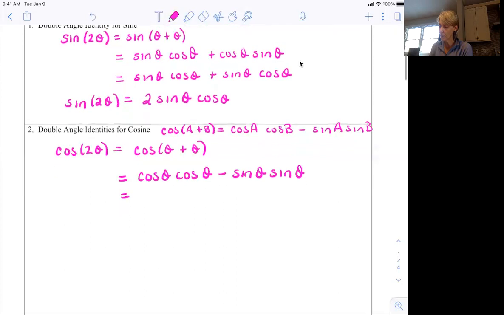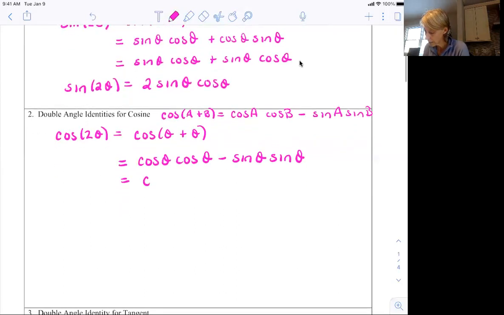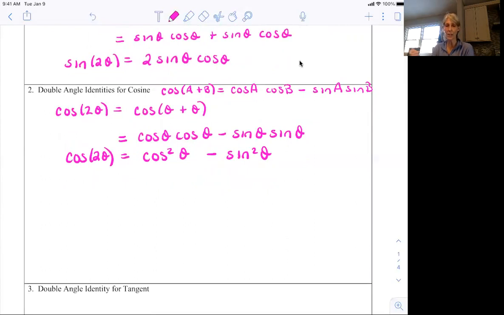Cosine times cosine gives us cosine squared theta. Sine times sine gives us sine squared theta. And notice here, it's almost just like the Pythagorean identity, except now there's a minus in between. So we really have to be careful. And because of the relationship to the Pythagorean identity, we can rewrite this.